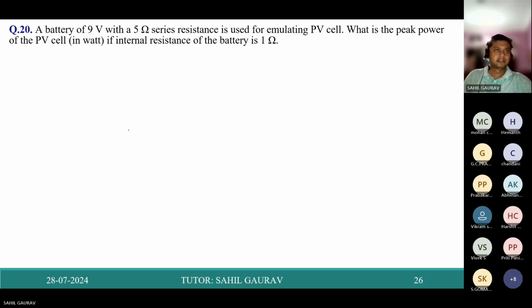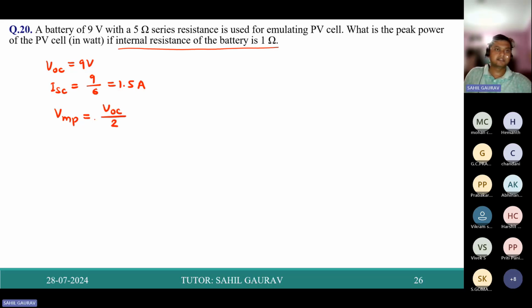Here the series resistance and internal resistance are both given, while in the previous problem only the internal resistance was given. So open circuit voltage is 9 volt, and the short circuit current is 9 upon 6, which gives 1.5 ampere, and the maximum power point voltage will be VOC upon 2. We derived this in the previous problem.